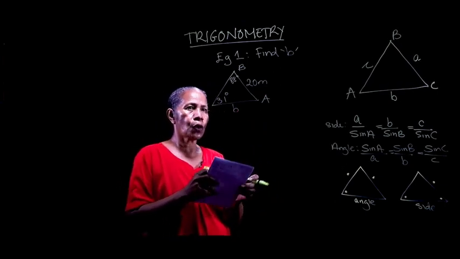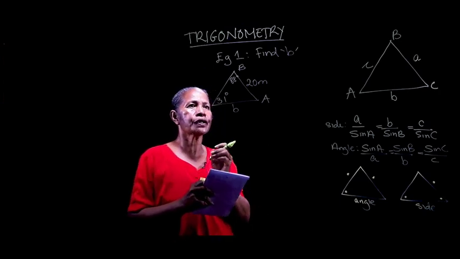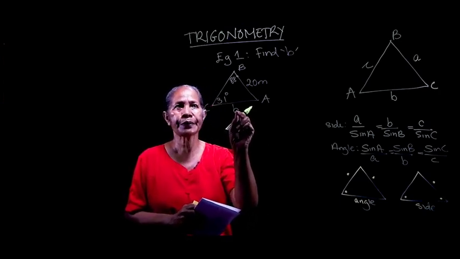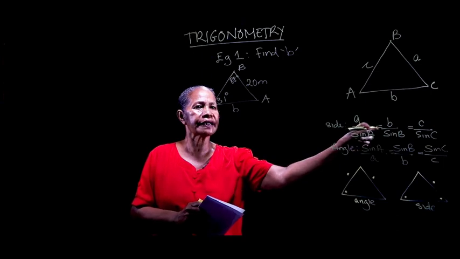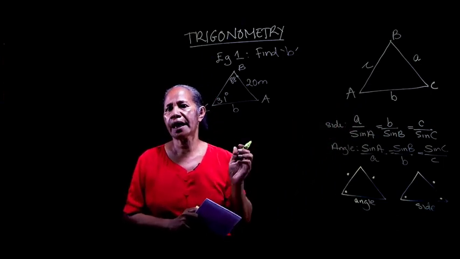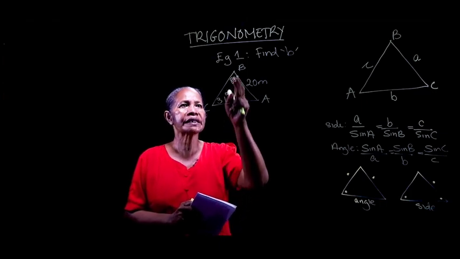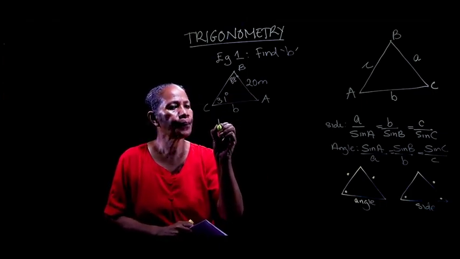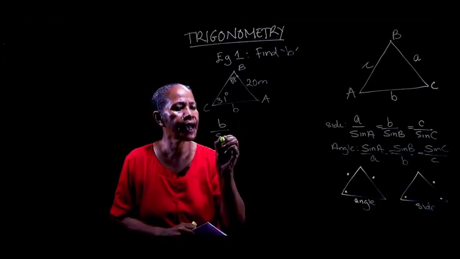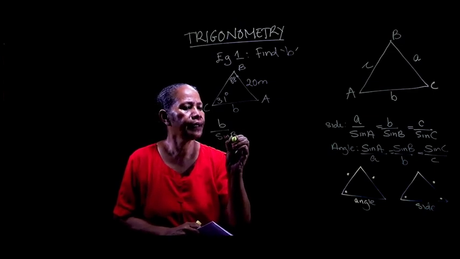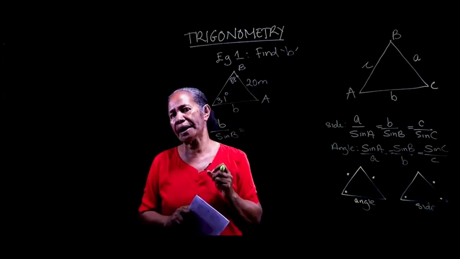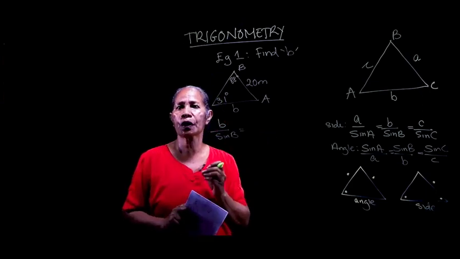What ratio are we going to use? We are looking for side b, so we are using the first one, and we only use two components. We start by saying b over sine B is equal to, which two are complete? So we can equate that to the complete one.